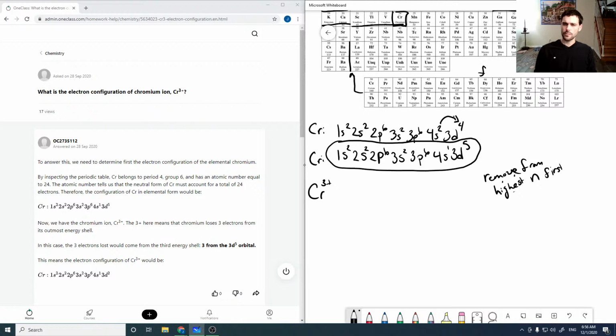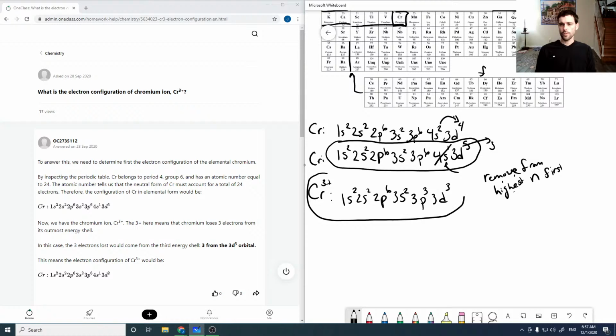So that means this one goes first. So 1. And then we need 2 more. So this 5 is going to turn into a 3. So then we've got 1s2, 2s2, 2p6, 3s2, 3p6, 3d3. And so then that is our electron configuration for chromium 3+.